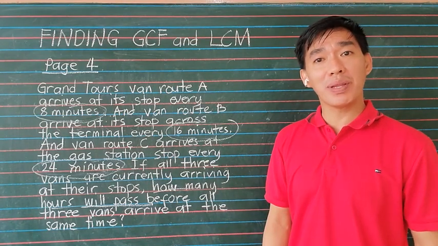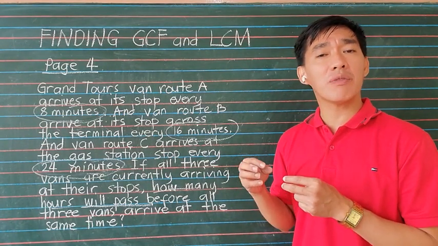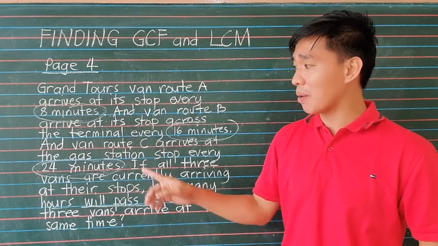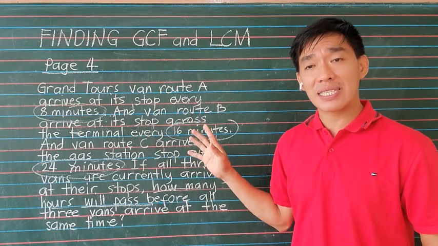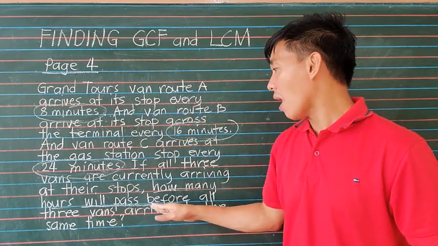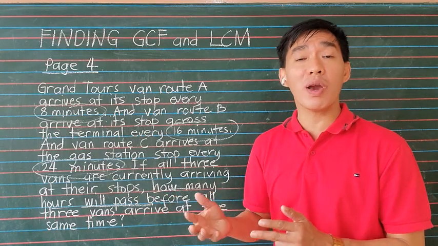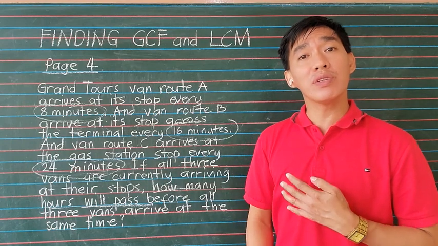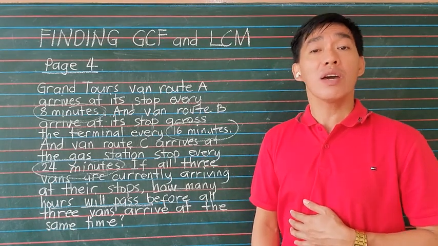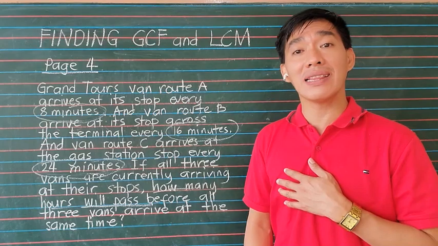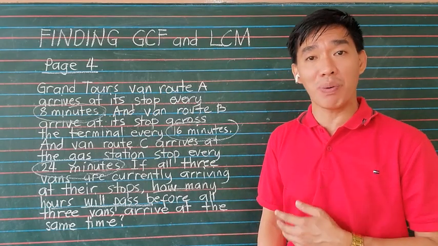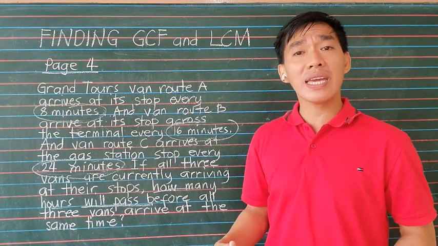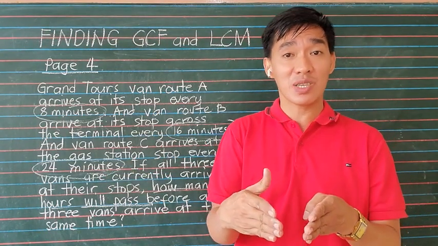So to solve this problem, we have to think that factors will not work here because the greatest factor of every number is the number itself. However, in this case, how many more hours will pass? So it should be over and beyond the 24 minutes. So instead of looking for the factors, we will look for the least common multiple, or the multiples of 8, 16, and 24, wherein all these 3 will meet together.